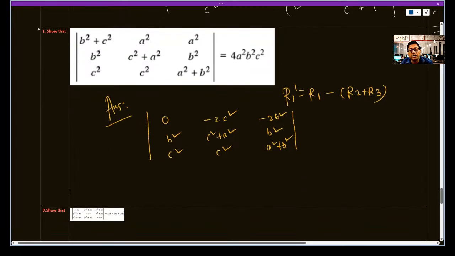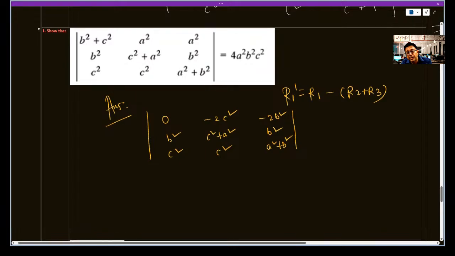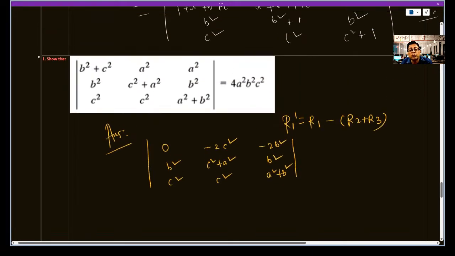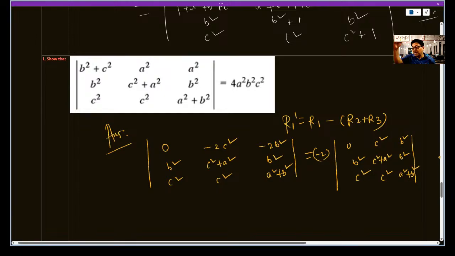I can take minus 2 common from first row. So this is 0, C square, B square. And whenever you get the scope, you expand. But don't expand now. It can be simplified further. What way?